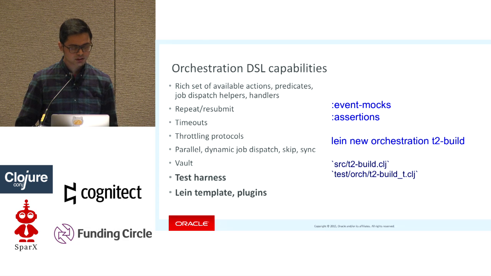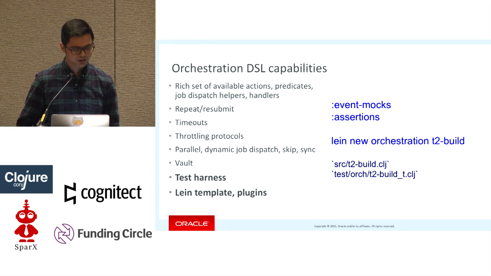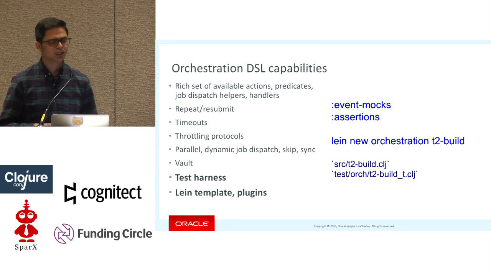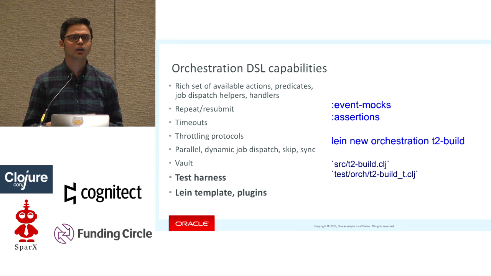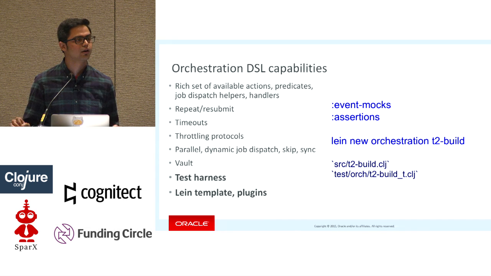Now, since orchestration is code, and developers want to test their orchestration and their workflow, we provide a test harness, which allows you to create event mocks. So you don't even have to have any jobs created or any systems or resources available to you, but you can still test the wiring of your workflow.